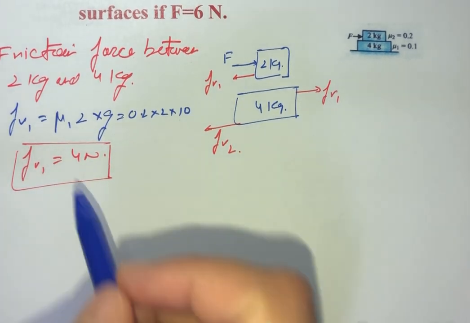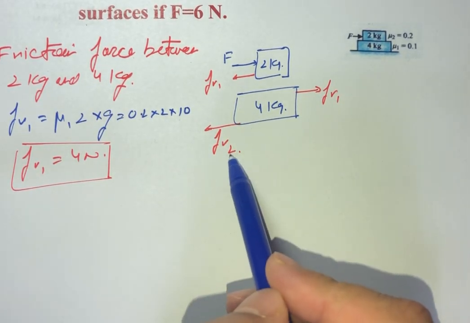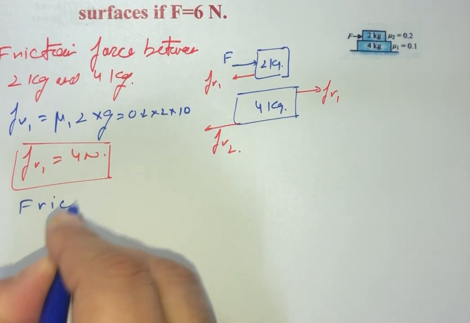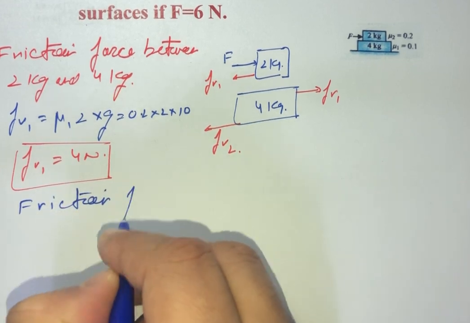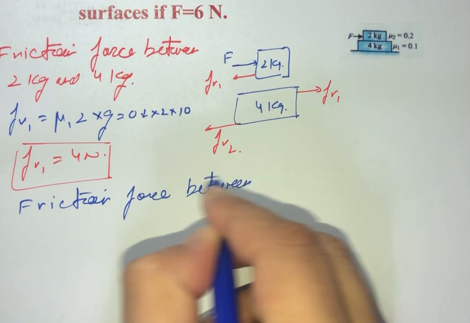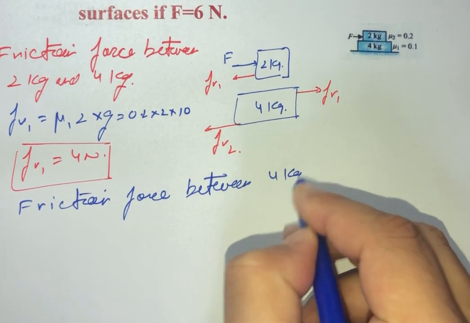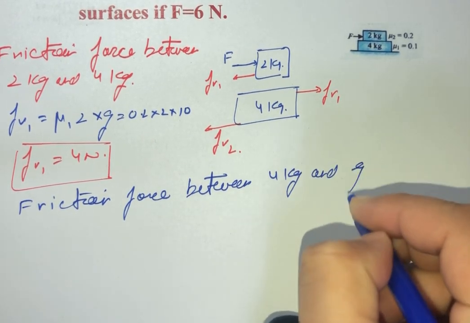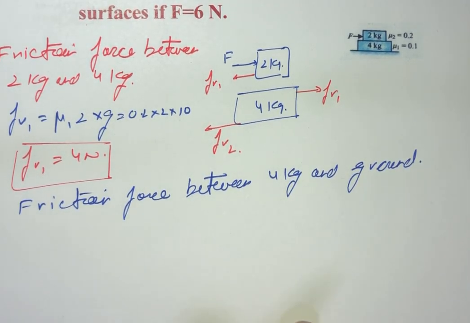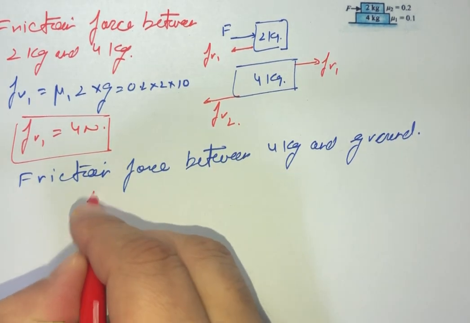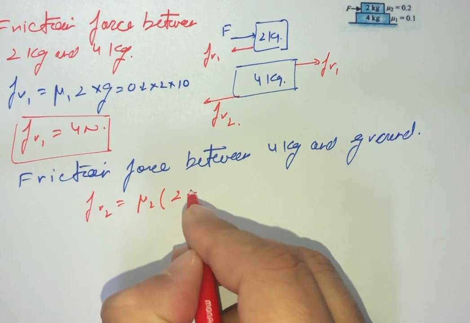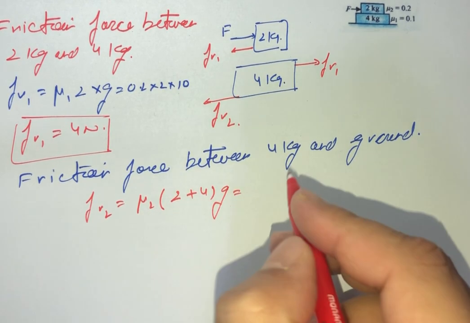Second part, let us find out the frictional force between 4 kg and the ground or surface. Friction force between 4 kg and ground, that is Fr2. So Fr2 will be equal to mu2 into 2 plus 4 multiplied by g.